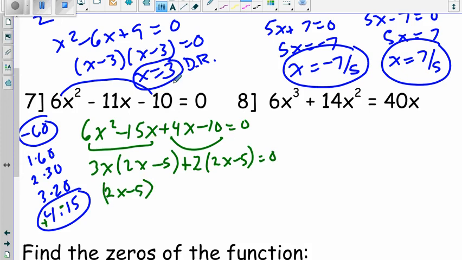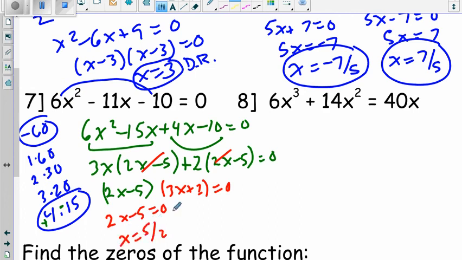And then, because I had those both the same here and here, so let's not worry about those. And then I have 3x plus 2 still left. Set those equal to 0. So that gives me add 5 divided by 2. And then the second one, set that equal to 0. Subtract 2 divided by 3. There's my two answers there.